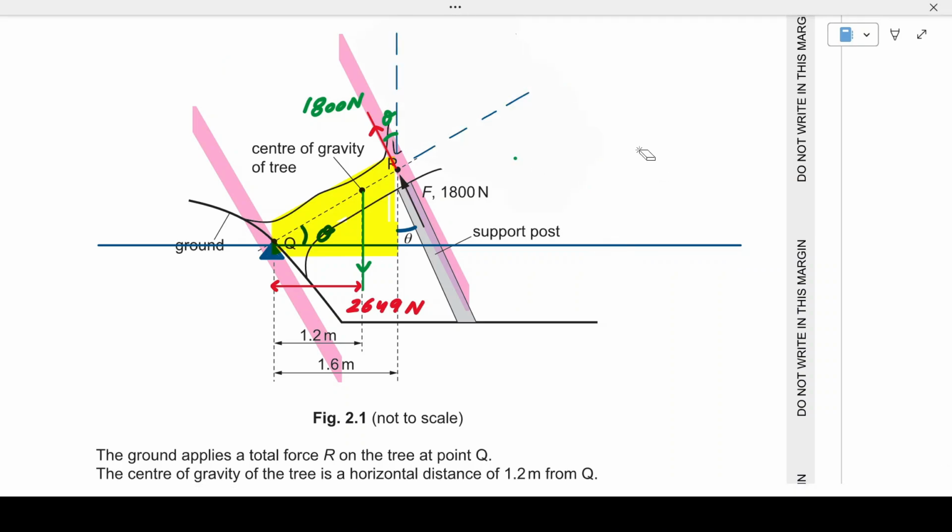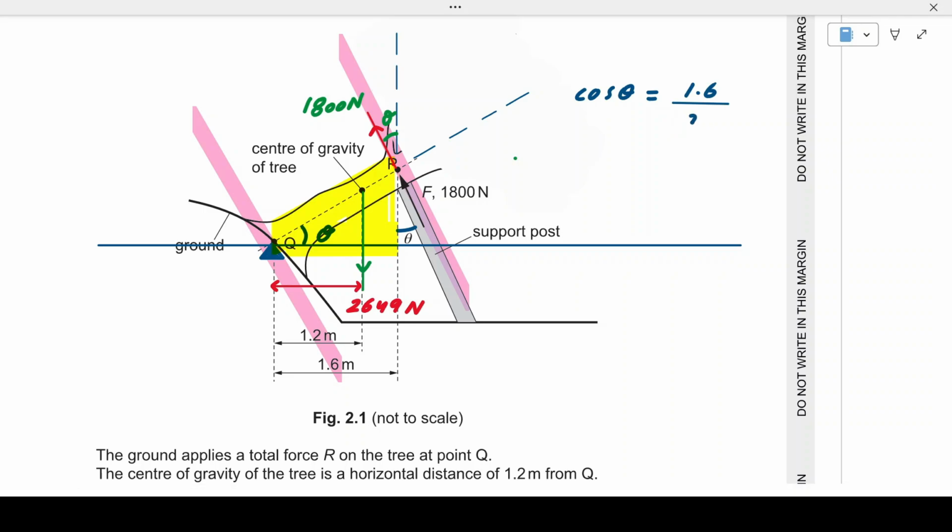So for this triangle, if I write down the expression for cos, because I know the base of this triangle, 1.6 is the base. So cos theta equals base over hypotenuse.